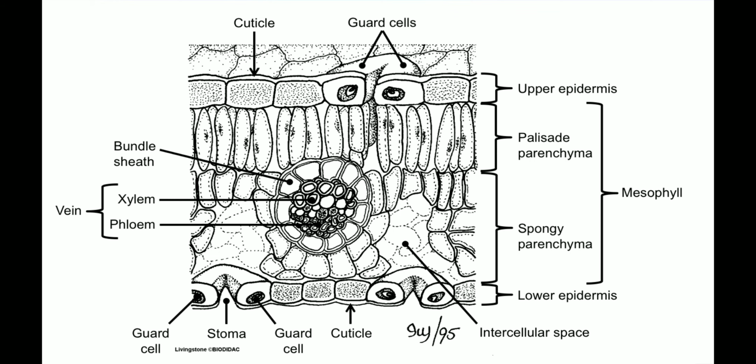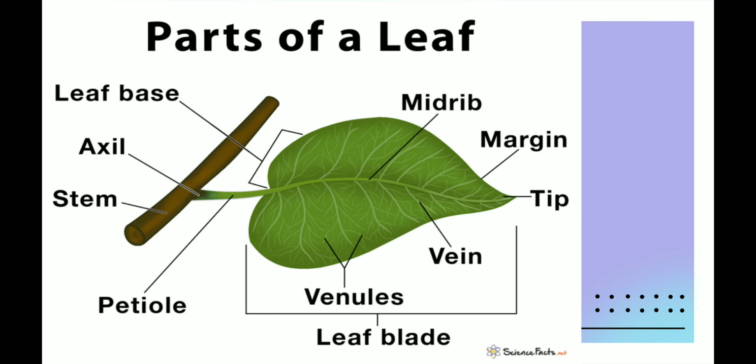So, looking back at our leaf, the blade of a leaf is the expanded thin structure on either side of the midrib. So, the leaf is supported away from the stem by a stem-like structure called the petiole. So, the petiole serves as the support to the stem.